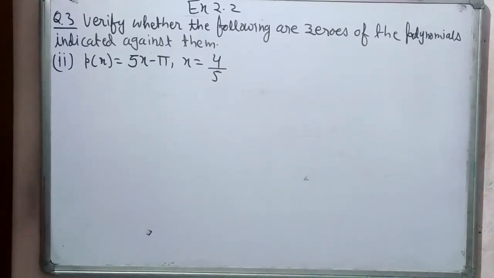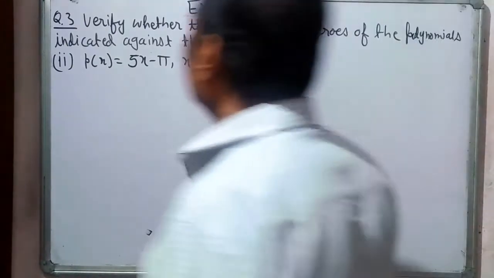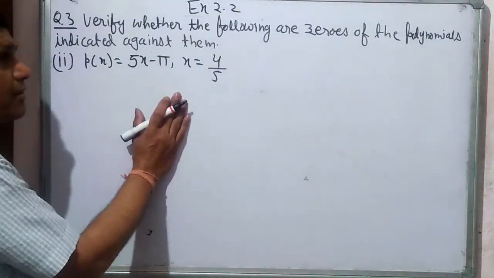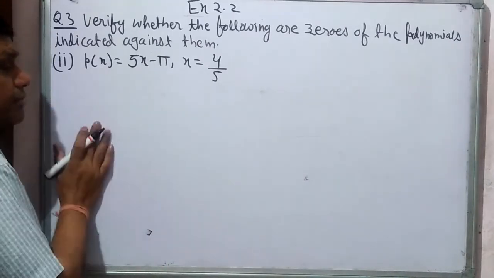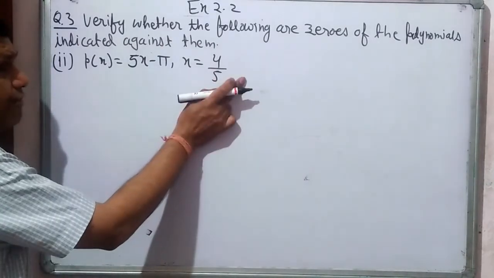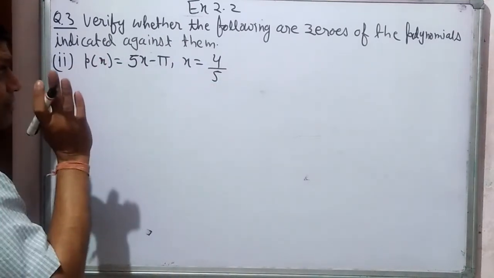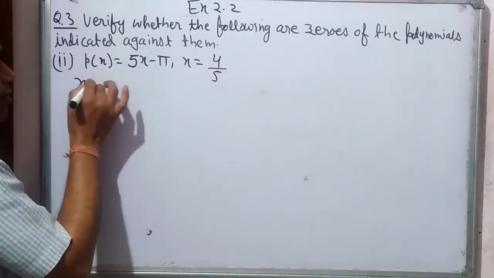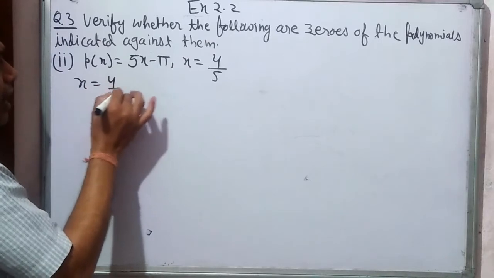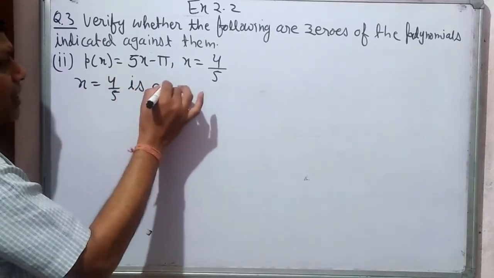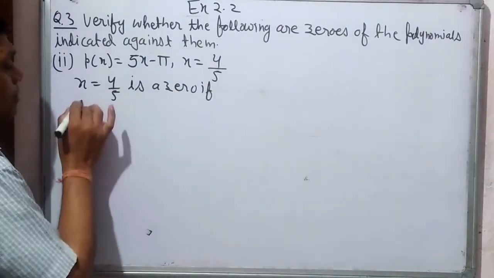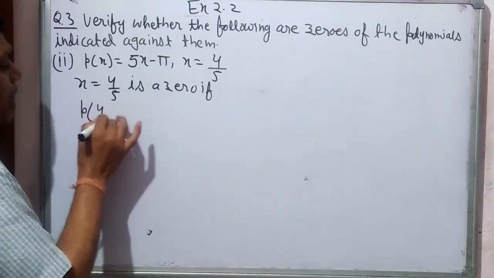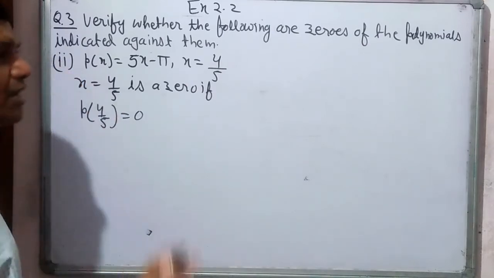The second part of this is P(x) equals 5x minus pi. This time the polynomial has pi in its terms, and we are given the value of x as 4 upon 5. Right? What will our reason be? x equals 4 upon 5 is a 0 if the polynomial's value at 4 upon 5 is 0.